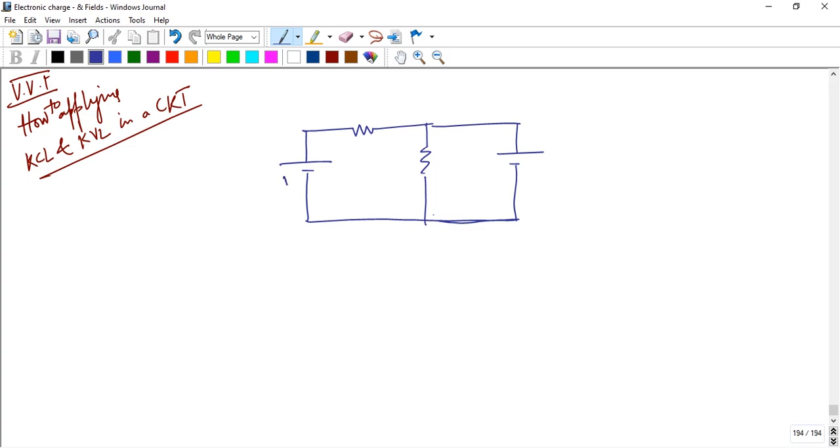Suppose that is V1, that is V2, and here you put the resistances R1, R2 and R3. Now here you see how to apply KCL and KVL.